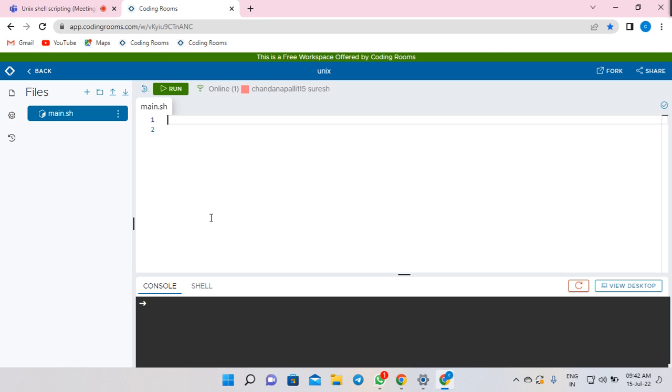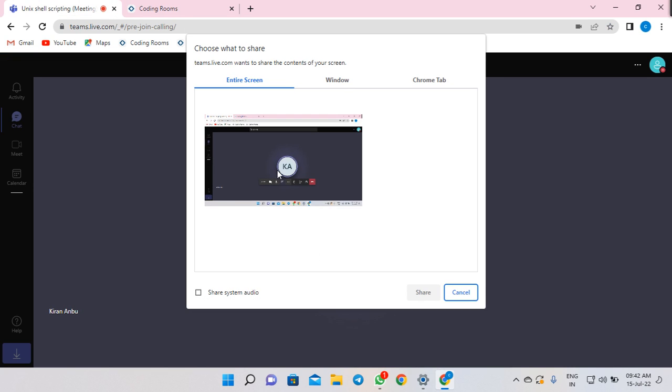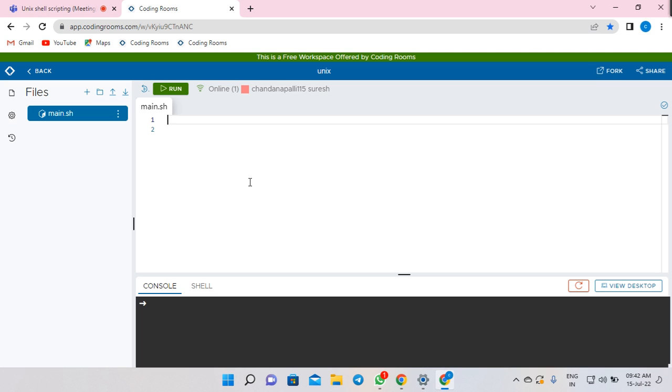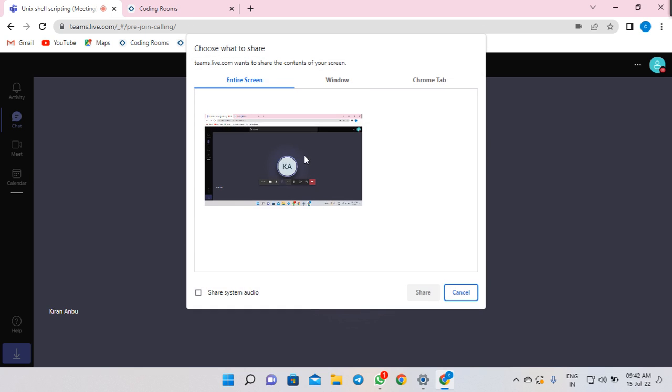Okay, can you share your screen, Suresh? I couldn't see it, I can only see my own screen. Not yet. You clicked on share desktop and the entire screen and clicked share, no?